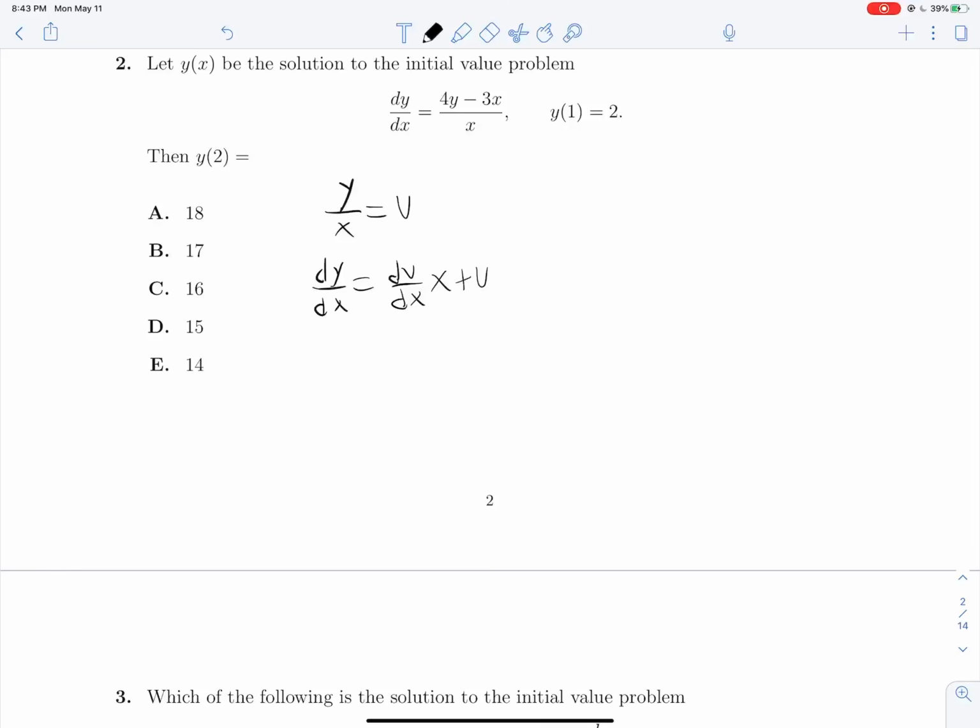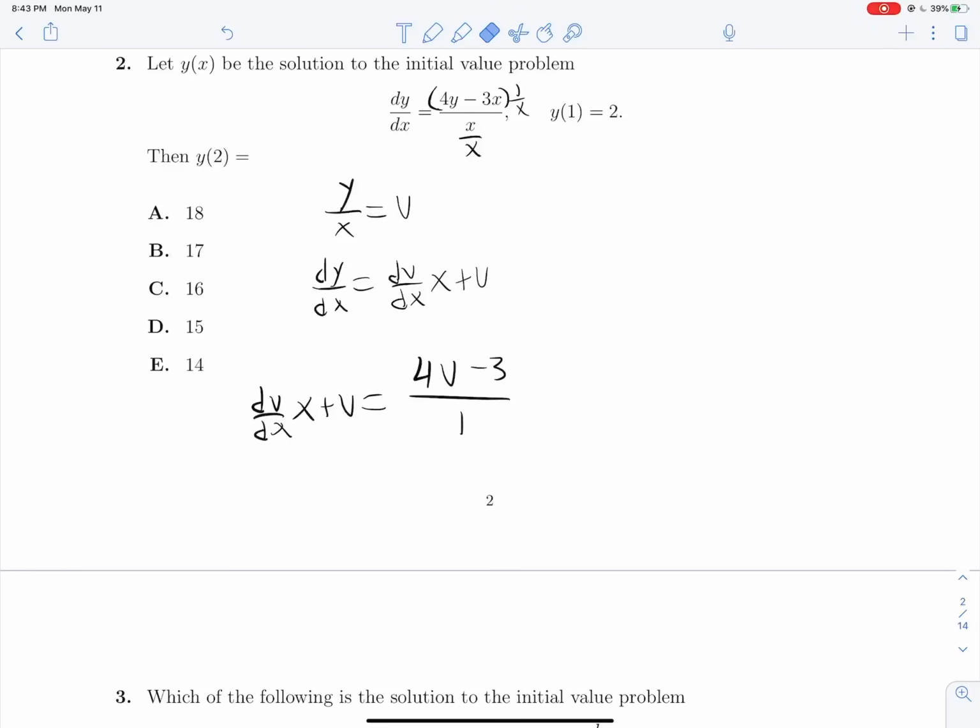So let's do that. We have dv dx times x plus v is equal to, and if we divide this numerator by x, and we divide the denominator by x, that's perfectly legal, and we will be left with 4v minus 3 over 1.